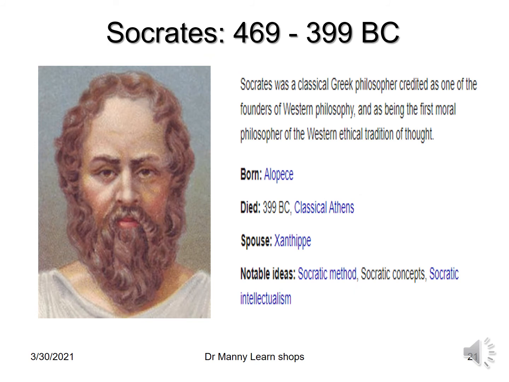Socrates was a classical Greek philosopher, approximately 469 to 399 BC. He's credited as being one of the first Western philosophers. His notable ideas were on intellectualism.